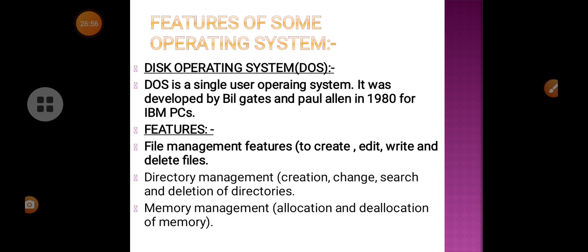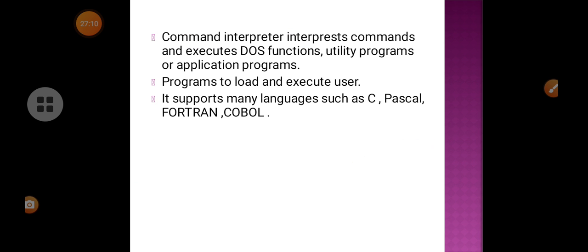These are the three types of software which you have to know. In system software, we have the operating system, language translators, and utility software.